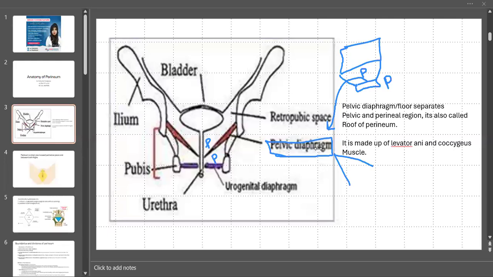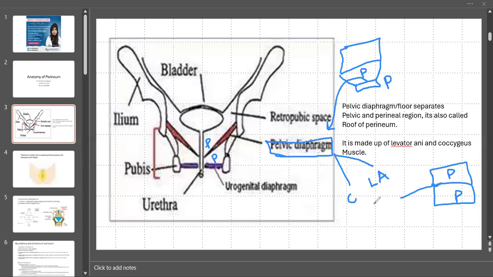Okay, great. Levator ani and coccygeus, these are the two muscles which make up this curtain between the two cavities. If we consider these two cavities like two rooms, above we have the pelvis and below we have the perineum, and we call the wall the pelvic diaphragm or the pelvic floor.